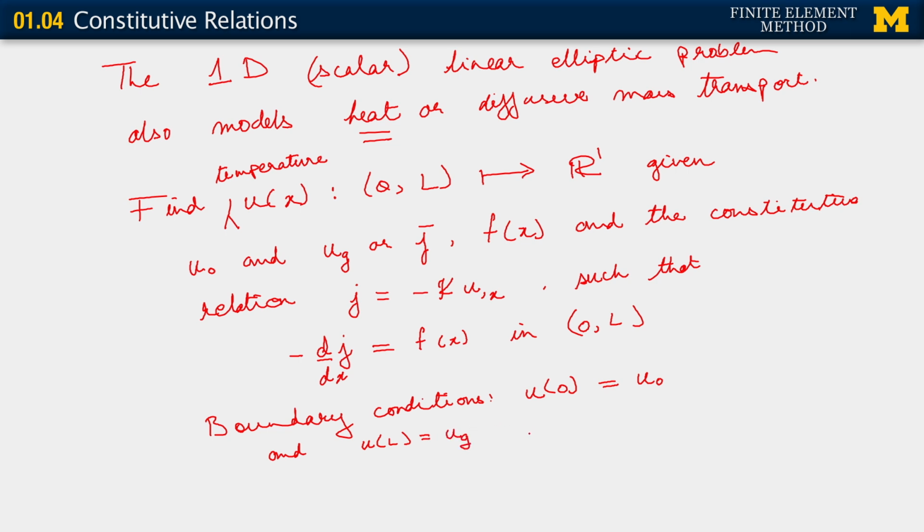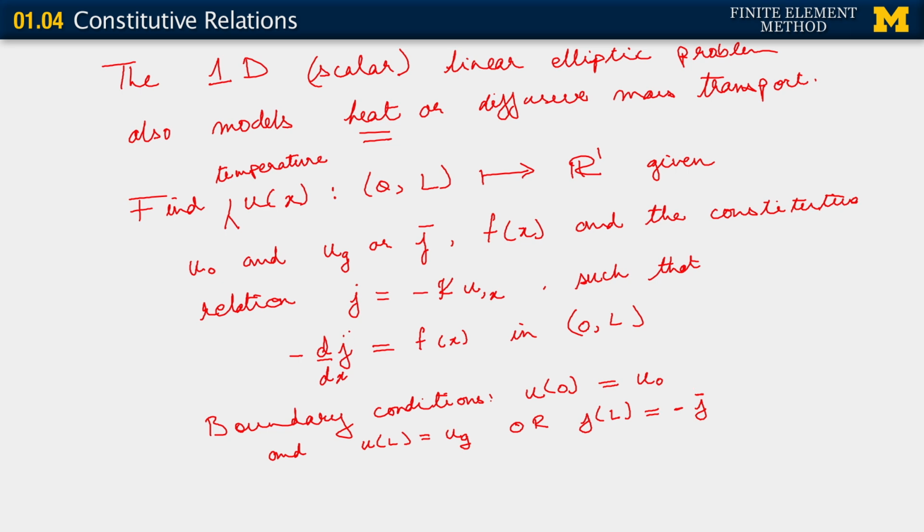Both of these, u at 0 being u naught and u at L being ug, would be given temperature conditions. Or at x equals L, we may also have the condition that J at L equals minus J bar. So this is how we may specify the heat conduction problem.